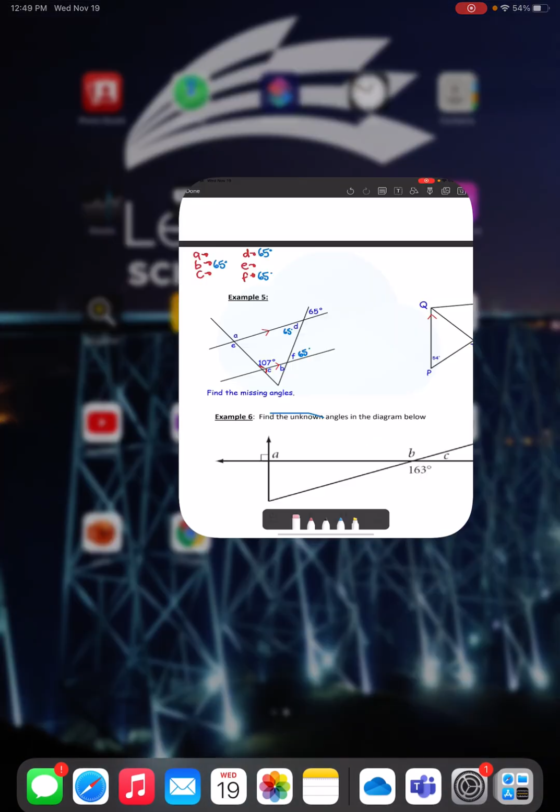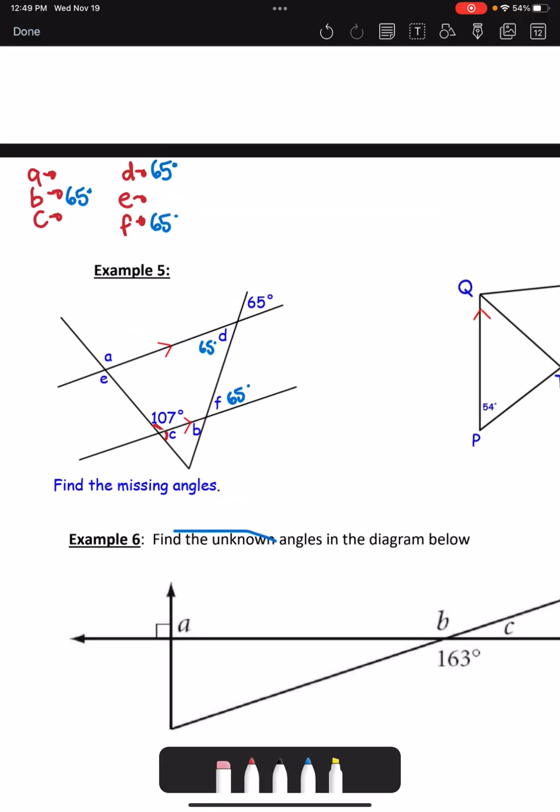I'm like, that looks better. Okay. So I got 73 degrees. So I went 180 minus 107, and that's where angle C comes from because it's supplementary to that 107, so 73 degrees.